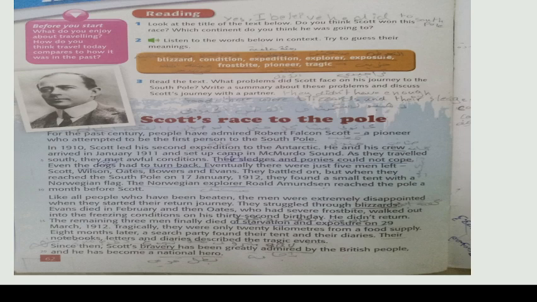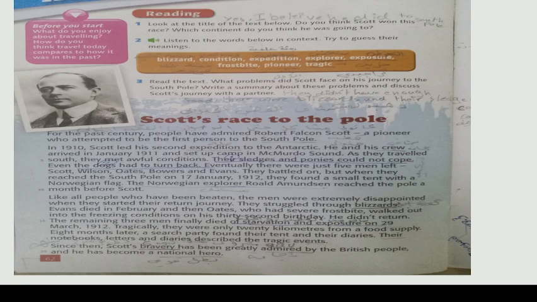Eight months later, let's see what happened after this event. A search party found their tent and their diaries. How did we know about their trip? How did we know what they faced?